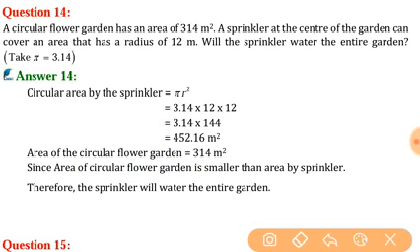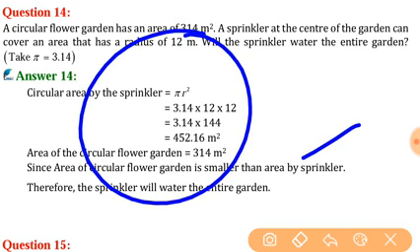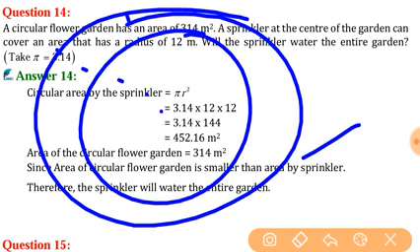So since the area of the circular garden is smaller than the area covered by the sprinkler, therefore the sprinkler will water the entire garden. Okay, so our garden is like this now, and the sprinkler is reaching this much, 12 meter.